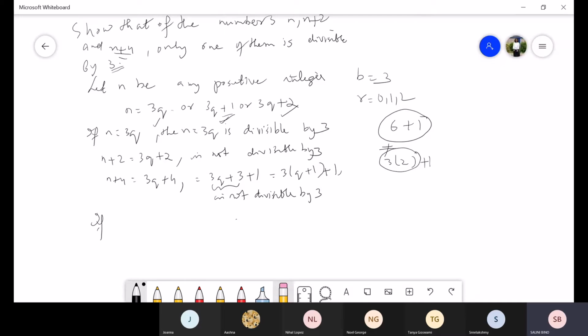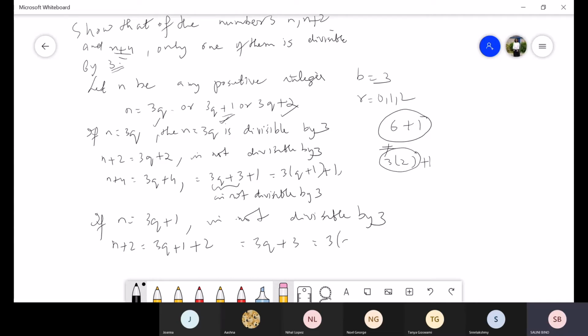Now I am taking n equal to 3q plus 1. So definitely it is not divisible, right? 3q plus 1 is not divisible by 3. So what is the next number? n plus 2. n is 3q plus 1 plus 2, so it will become 3q plus 3.